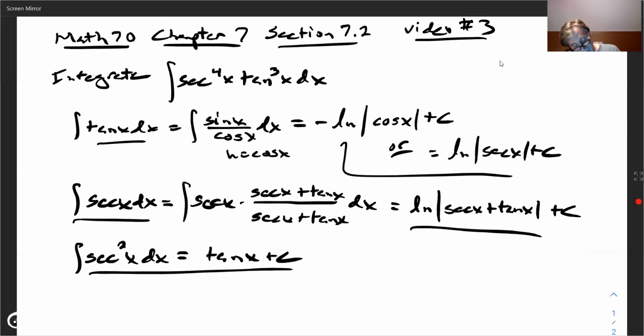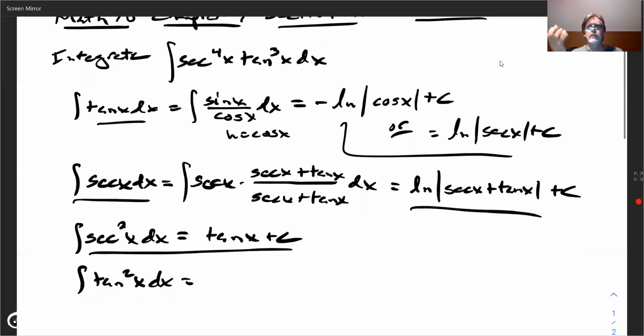And then finally, maybe we do the second power of tangent. Okay, well, sine squared over cos, no. You know what you do? Look at this. We do this a lot in our class. We write it as secant squared x minus 1.